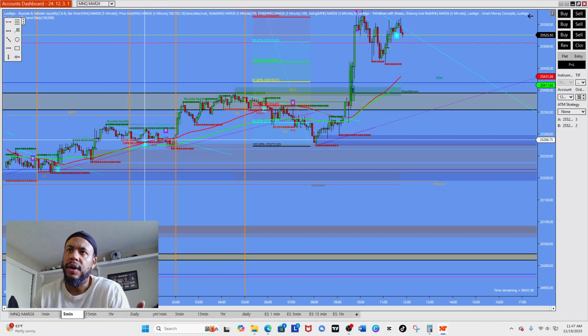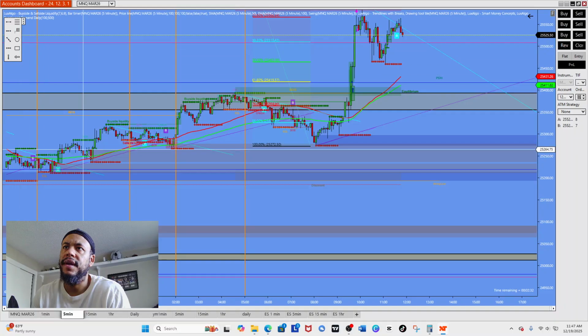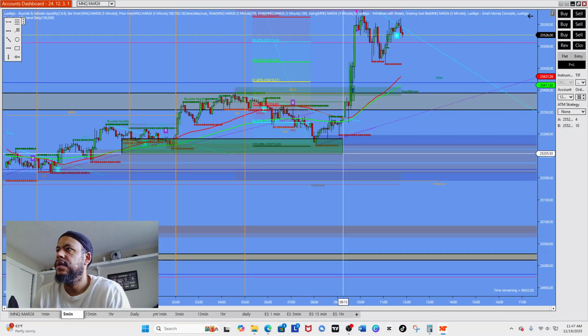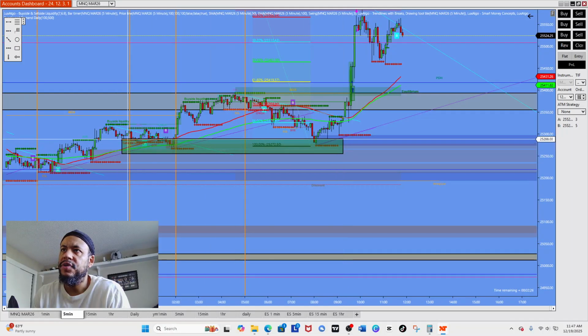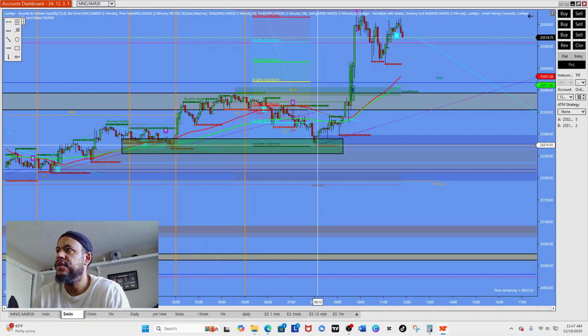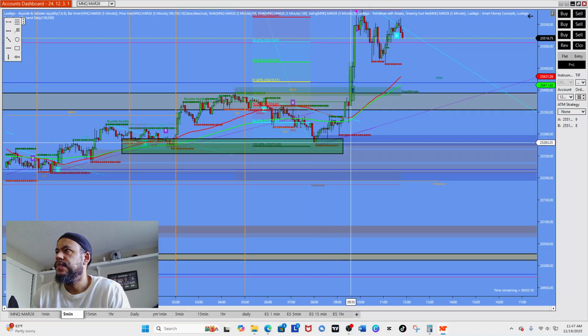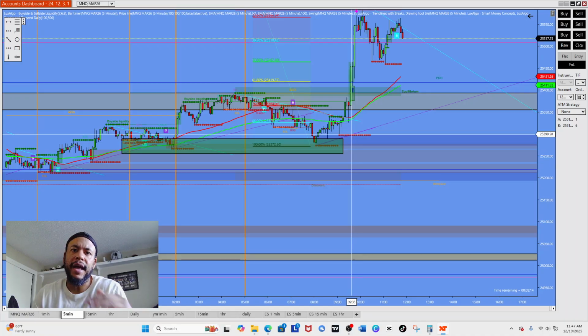I'm looking long, so I'm looking for the common areas of swing lows, which in this case was all this area right here. We have multiple swing lows here, 1, 2, 3, and then again 4 over here, and then this one as well. But I always like to start at the lowest one.